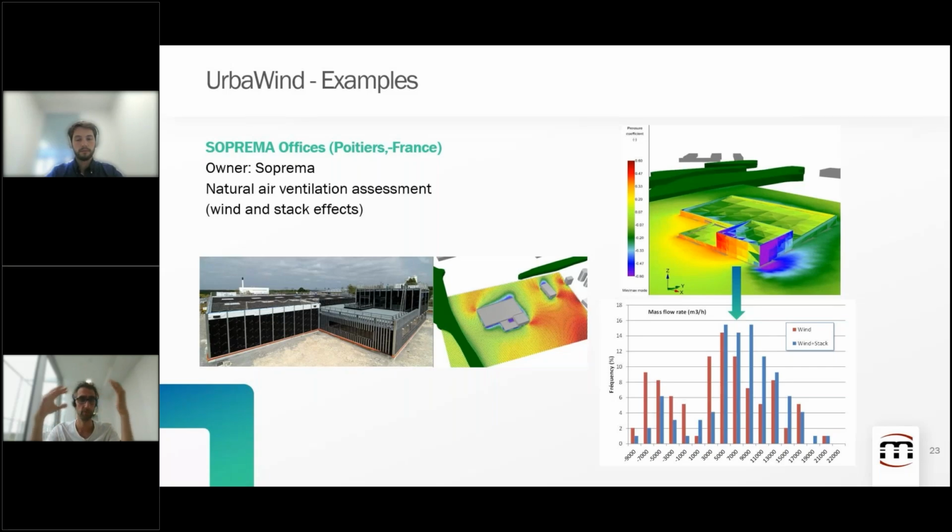The idea is the same: compute the pressure coefficient, get the mean speed, and derive the characteristics of the openings.